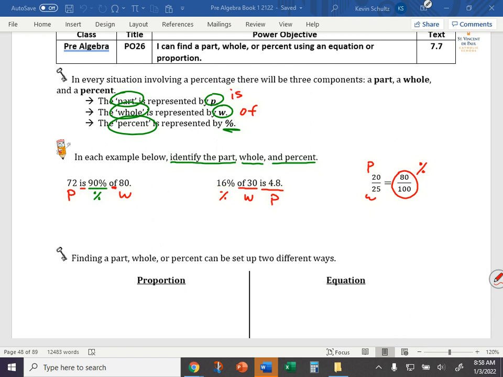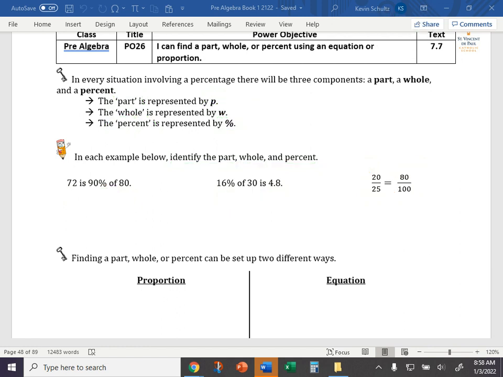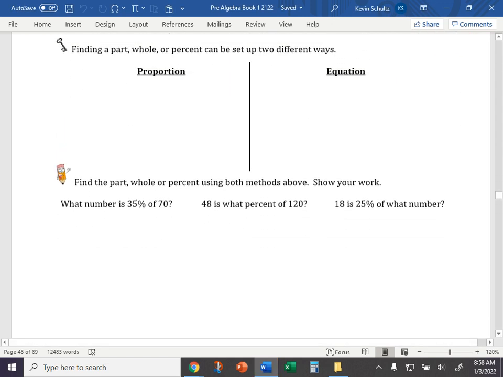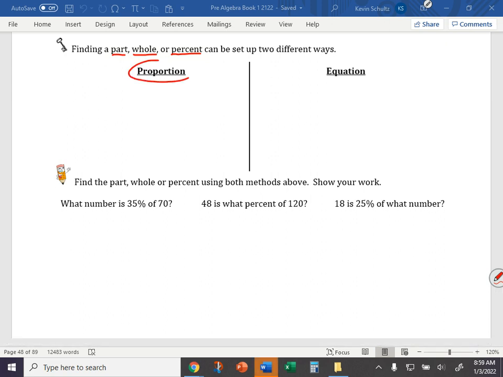Okay. All right. Now comes the good stuff here. This is what you want to put on a help sheet. These are the key points. This is how your part, your whole, and percent are going to fit into the formulas here. If you like proportions, you like fractions, you like cross products, what you're going to be looking to set up is actually what we had in the third one and the previous one.